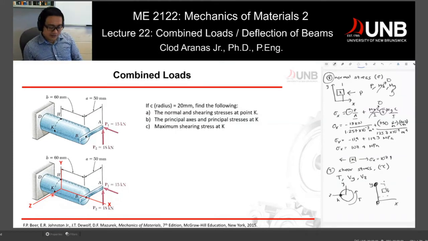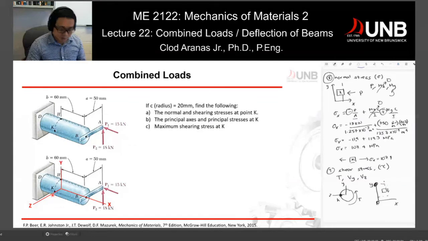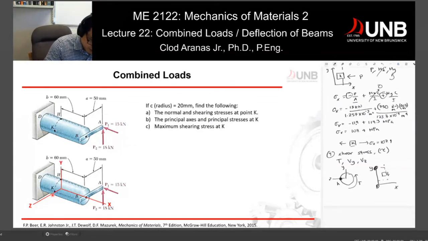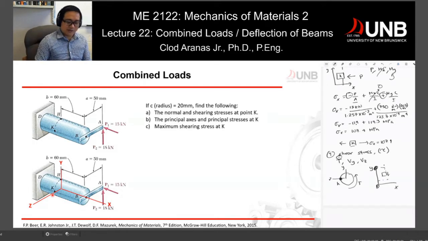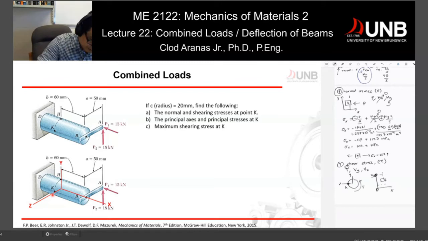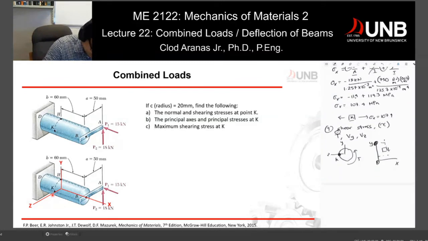So that would be the shear stress for my torque, correct? So which means my contribution of shear for my torque is a negative value. So I'll just put negative there for now. So my torque is a negative number right here.